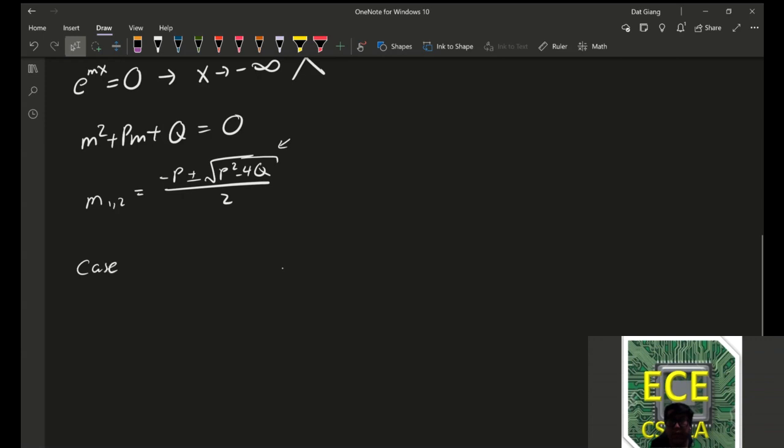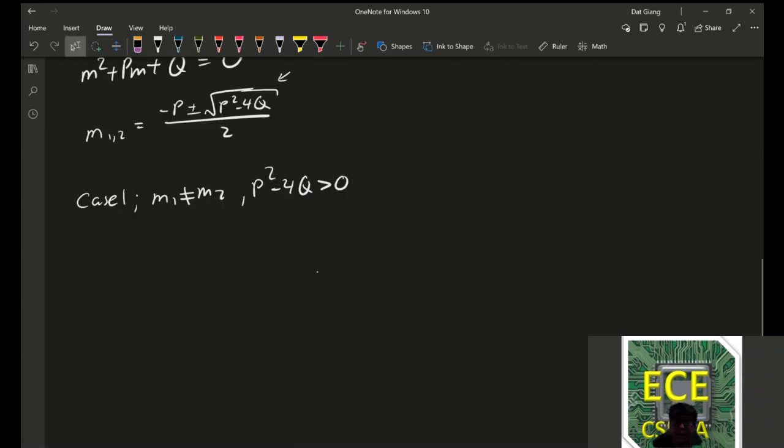Case 1: suppose that we have m1 not equal to m2, but that p squared minus 4q is greater than 0. We have real distinct solutions, and as such, our complementary solution is c1 e to the m1x plus c2 e to the m2x, and that would be our solution to the second order differential equation.